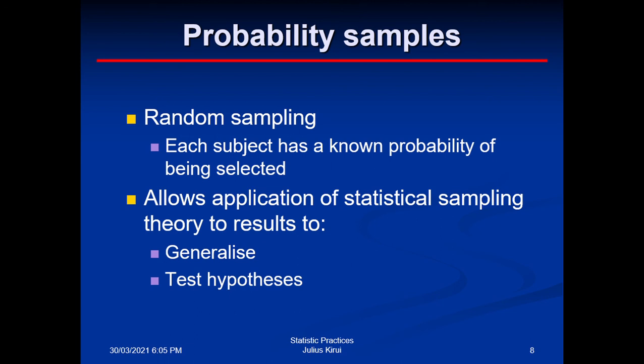Now induction means you start with observation, you end with generalization of information. Deduction means you start with theory, you end with observation. That is why when you talk about statistical sampling theory, there is a sense of generalization. You make use of theories.